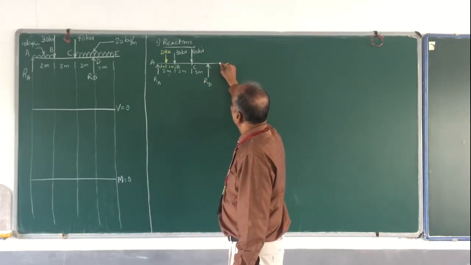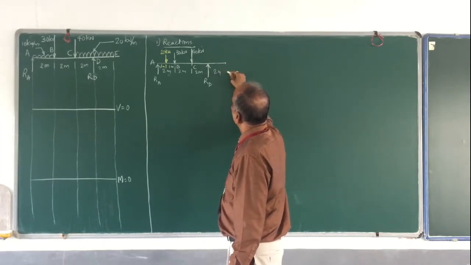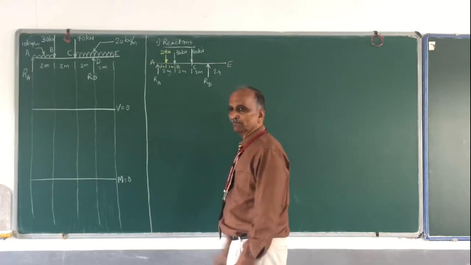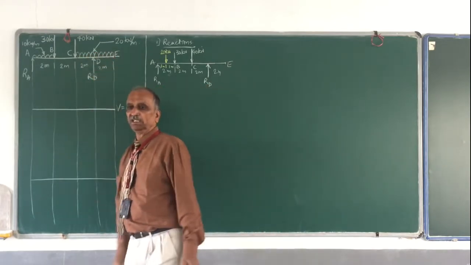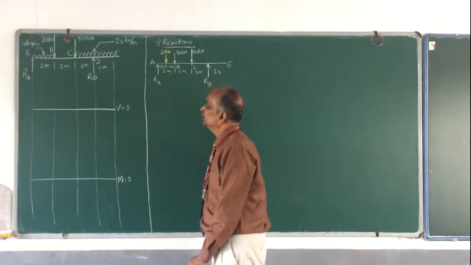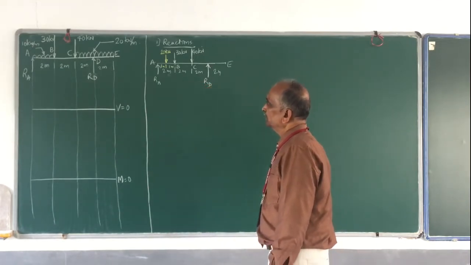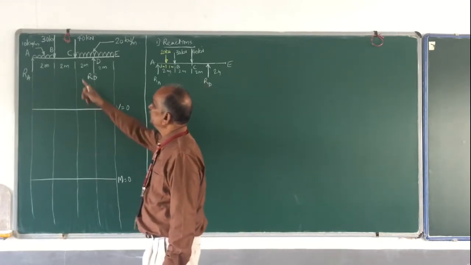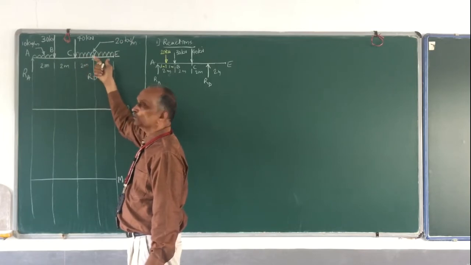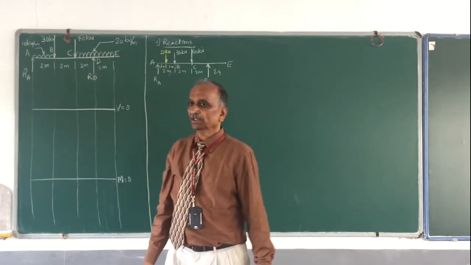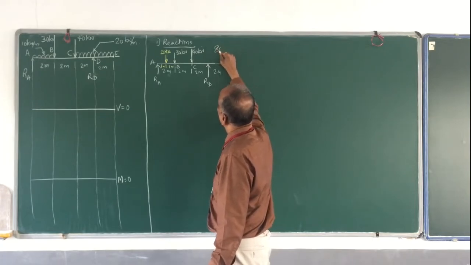Then you have another 2 meters, and this is point E. And between D and E, you have a UDL. How much is the UDL? That is 20 kilonewton per meter multiplied by 4 meters, 20 into 4, 80 kilonewton. The load is 80 kilonewton.